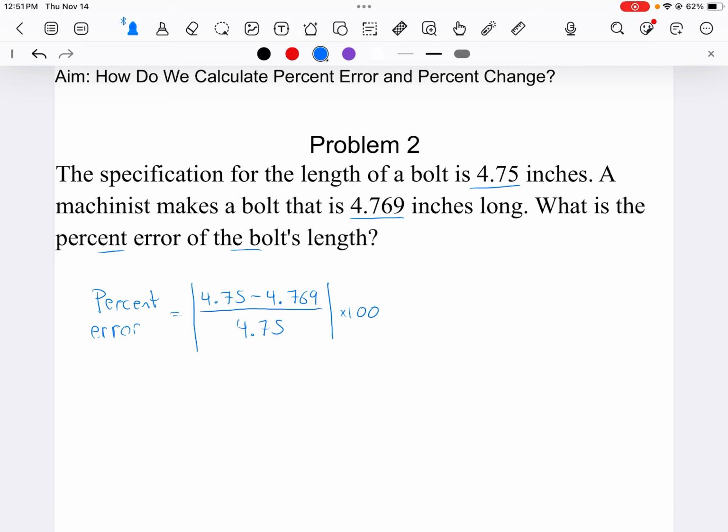4.75 minus 4.769 is negative 0.019, divided by 4.75. Negative 0.019 divided by 4.75 is equal to negative 0.004.